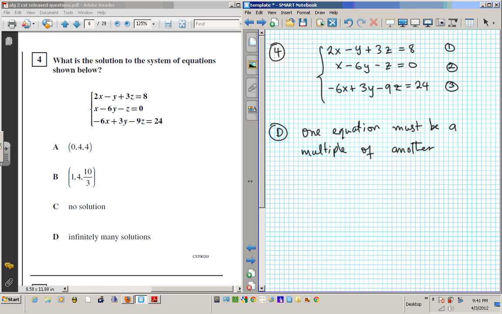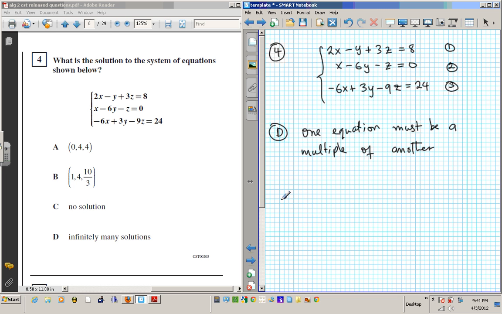If I can find a number that I can multiply by any one to get another one, then that means it's infinitely many solutions, because those two equations are going to be basically the same. They're going to be on the same line, and then they're going to have multiple solutions, okay? So in this scenario, we basically have 3 planes, and if any 2 planes intersect on a line, that means you're going to have infinitely many solutions, all right?